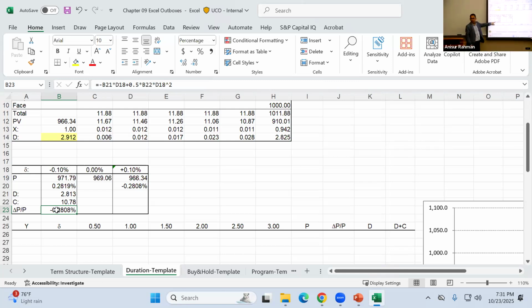And D23, right? This is based on duration and convexity. This is based on actual price change. They're very close to each other, right? We can go into more decimal places to see where they differ, but you get the idea. For a small change in yield, this formula is a very good approximation.